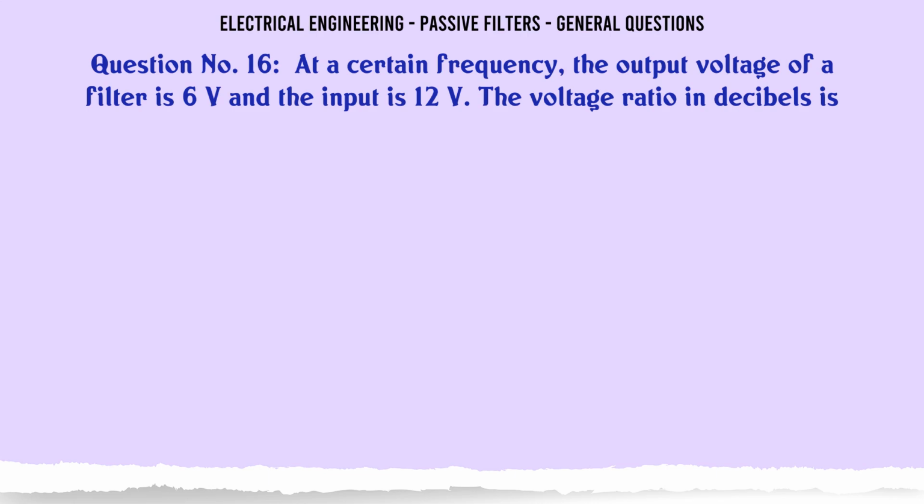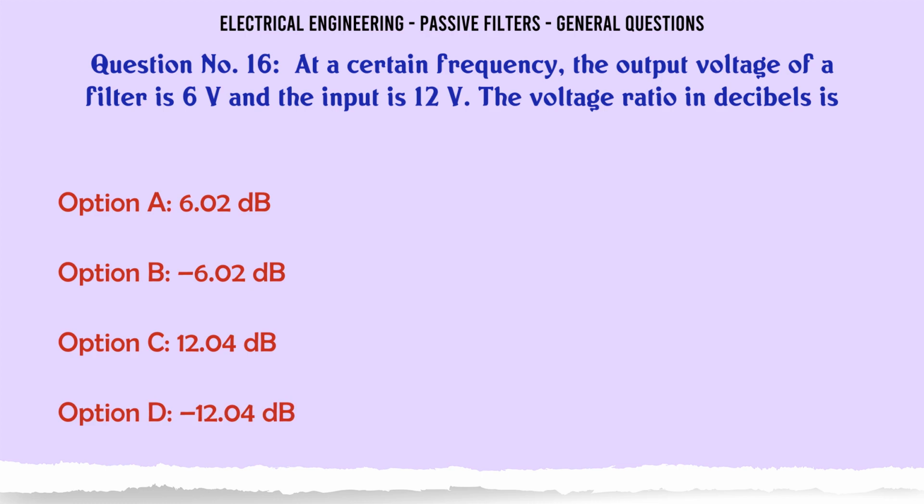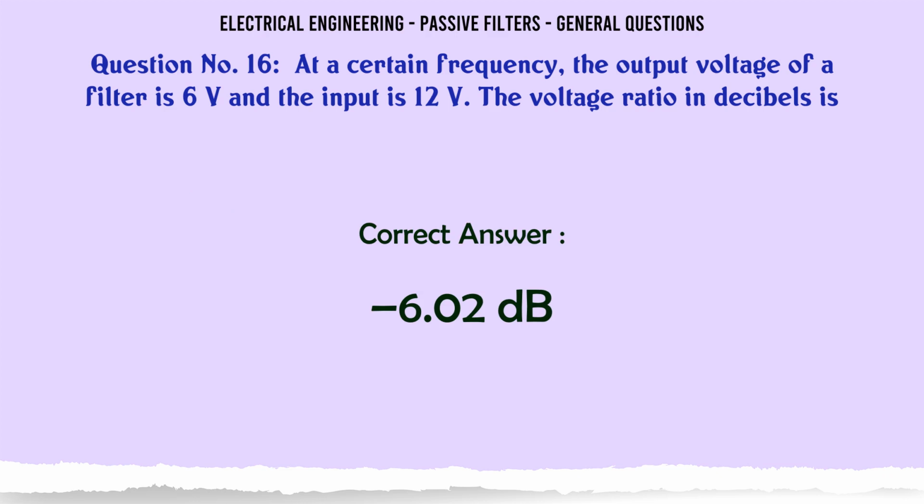At a certain frequency, the output voltage of a filter is 6 V and the input is 12 V. The voltage ratio in decibels is: A, 6.02 dB; B, -6.02 dB; C, 12.04 dB; D, -12.04 dB. The correct answer is -6.02 dB.